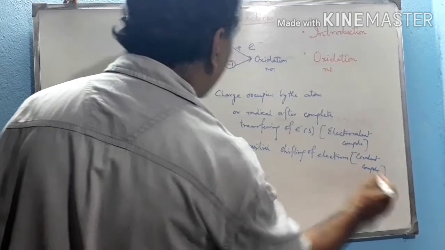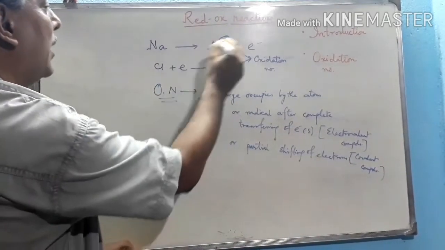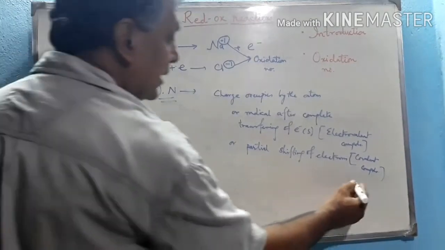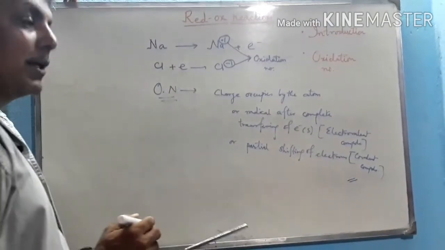These charges are called the oxidation number. Here +1 is the oxidation number of sodium and -1 is the oxidation number of the chlorine atom.